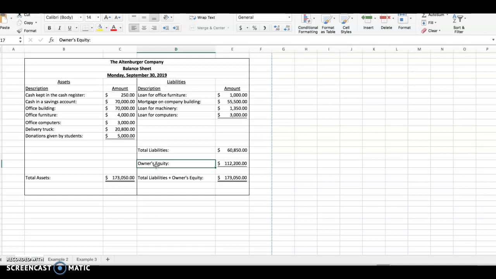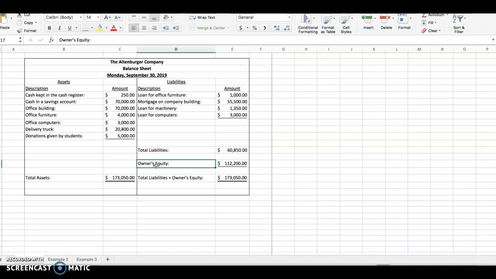But in a corporation, people own stock. You might ask your parents, maybe they own some shares of stock. If you own a stock in a corporation, you are literally and really an owner of that corporation. You may be a small owner, but you are an owner. So that's sometimes called capital and sometimes called stockholders' equity.